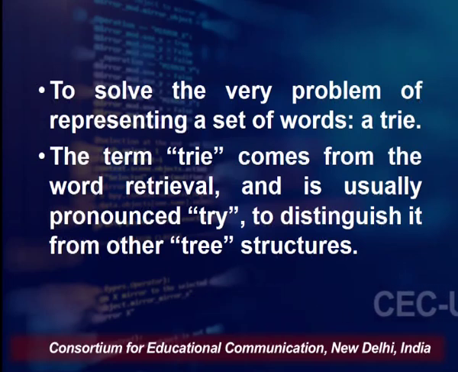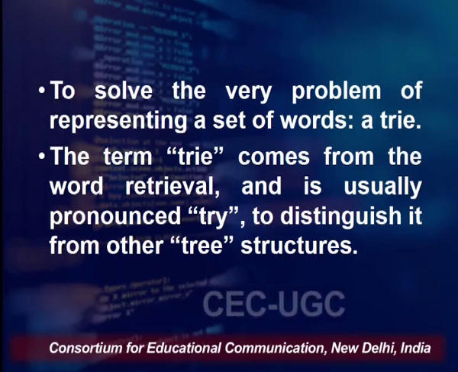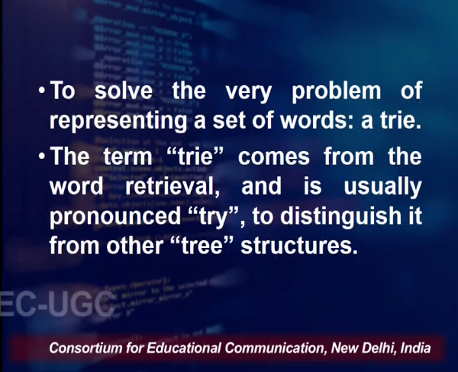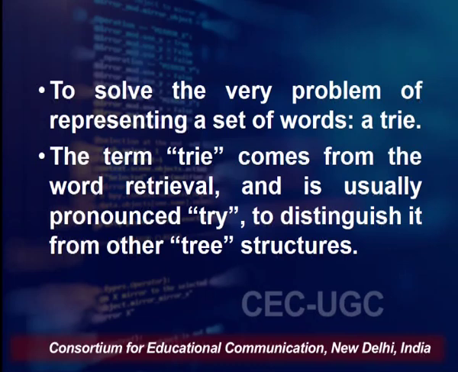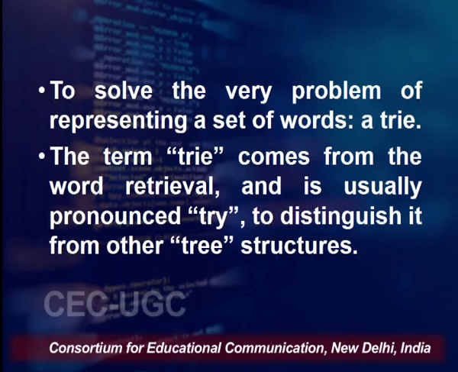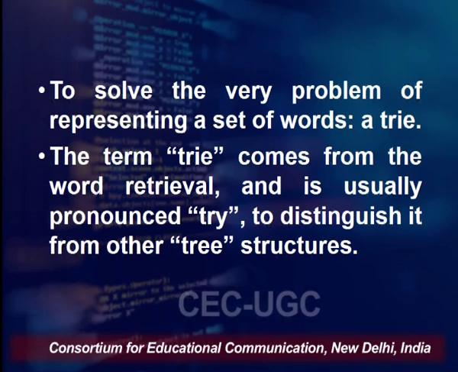Trie is spelled T-R-I-E, and if we want the plural, we say tries. This term trie actually comes from the word retrieval. In retrieval, if we remove the RE from the beginning and the VAL from the end, it becomes trie, and it is pronounced as try.